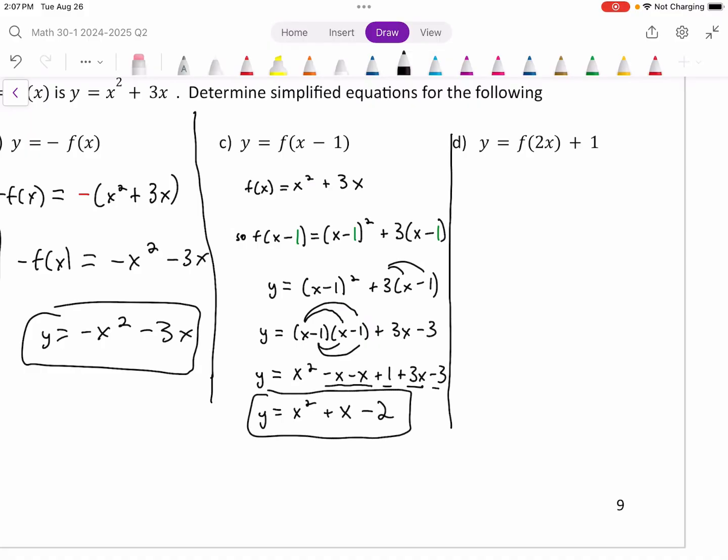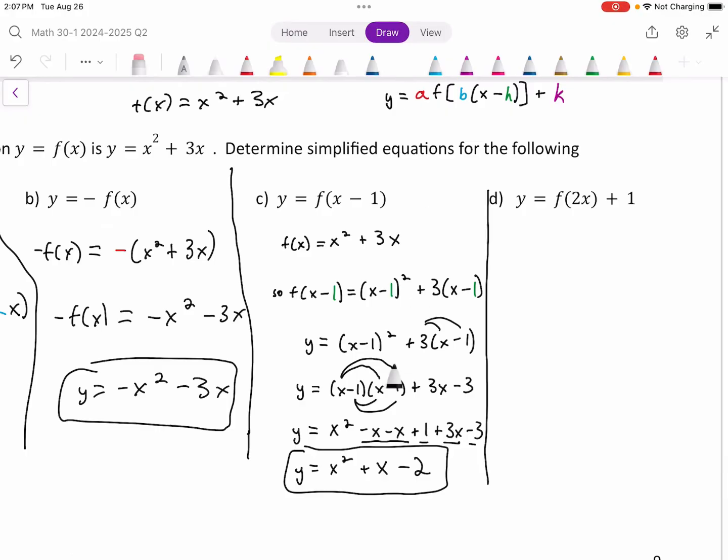That is now the simplified equation for the graph that you would get if you took this thing and applied this transformation. In other words, shifting everything 1 to the right because our h is positive 1. So if you took this graph, shifted everything to the right by 1, it would look like this graph.